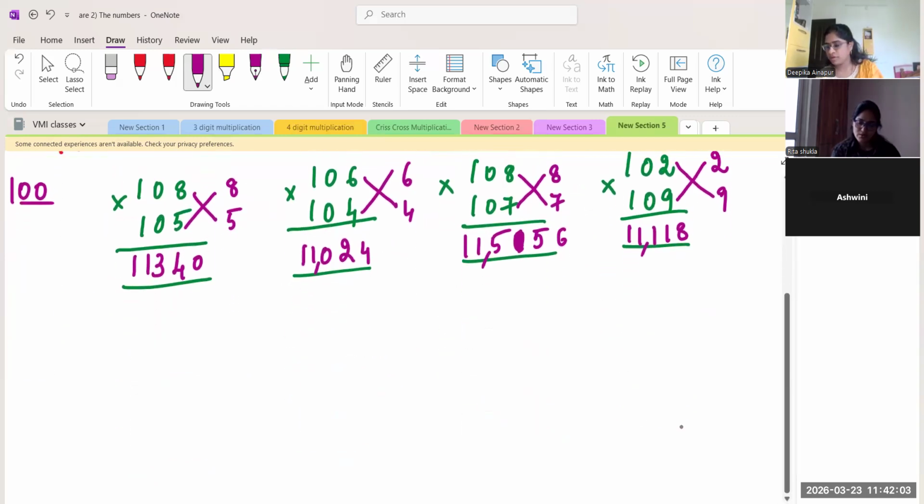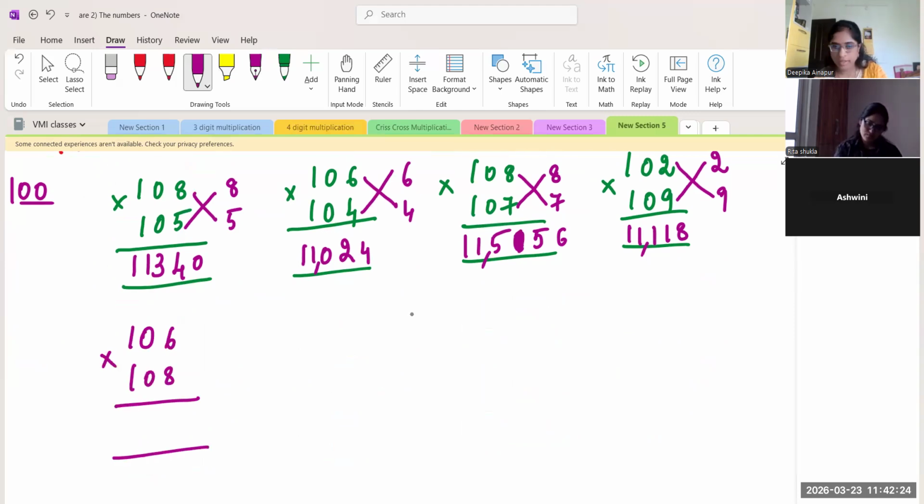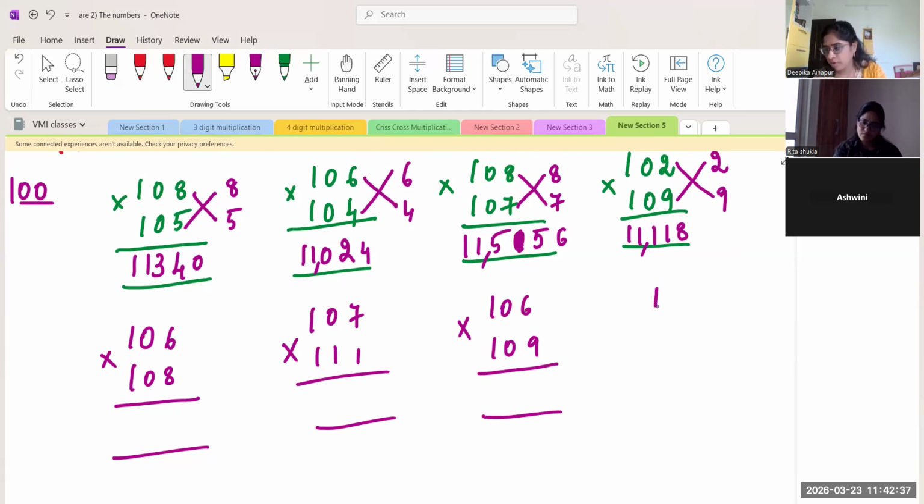Some more problems we will take up, which are above the base, okay? Some more problems, and yeah. 106 into 108 and 107 into 111. 106 into 109. 106 into 105.